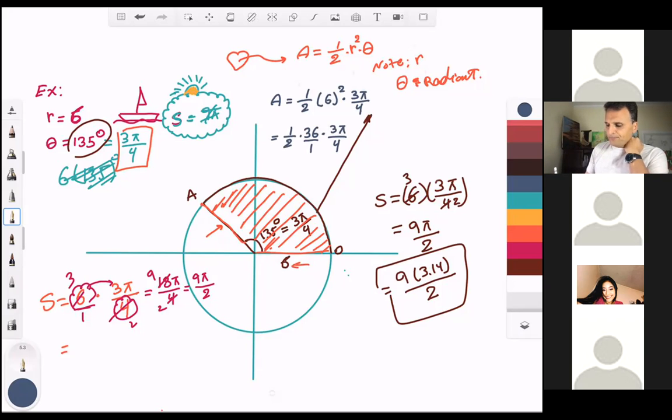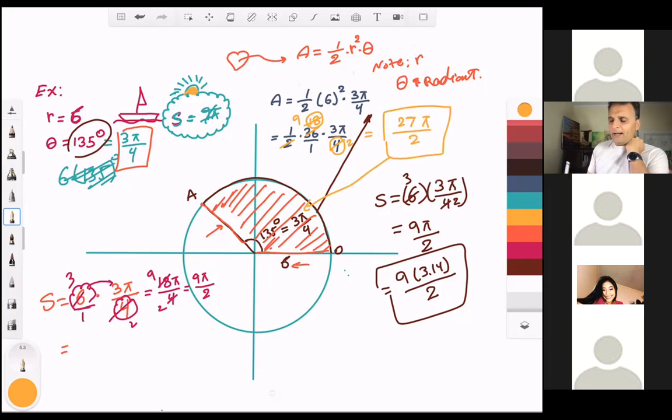For example, 36 and 2 is going to give me 18, and 18 divided by 4 is divisible, correct? This gives me 2, that gives me 9. Then the answer is 9 times 3 is 27. 27 pi over 2. So this will be the area of this.